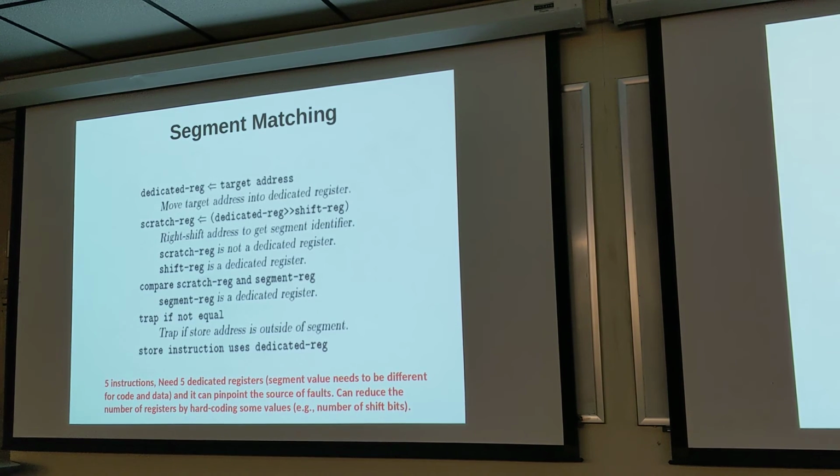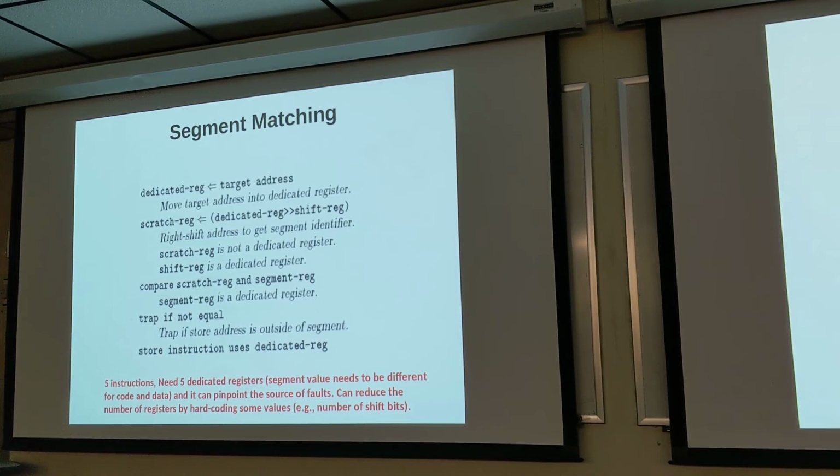But if you make sure that it is a dedicated register, then what you will be able to prove is that the dedicated register always has a valid value. Okay? So if the dedicated register always has a valid value, even if the attacker tries to jump and do all these things, that's not going to help the attacker evade any kind of check.